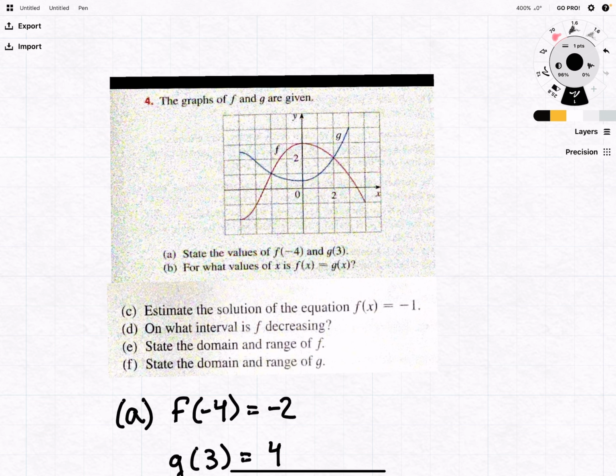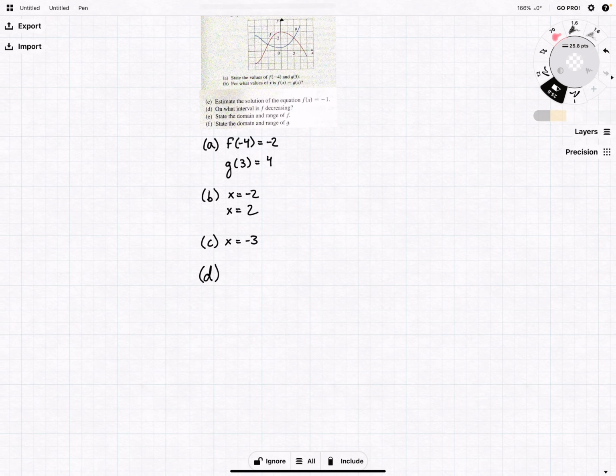So it looks like from 0 to 4. So it's decreasing from 0 to 4.